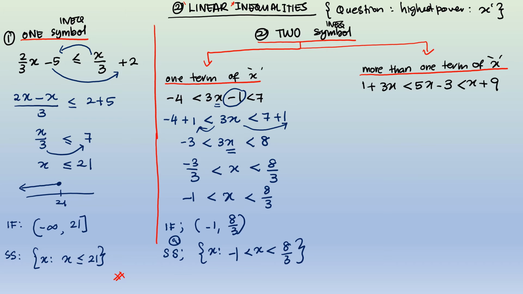If you have one term of x, you can just bring the values to the left and to the right. Next, guys, let's look at the next part, which is when you have more than one term of x. Here you can see you have x here and there, not the same as this one, where you only have it in one part. So for this one, what you should do is divide into two parts: the left part, 1 plus 3x less than 5x minus 3, and the second part.